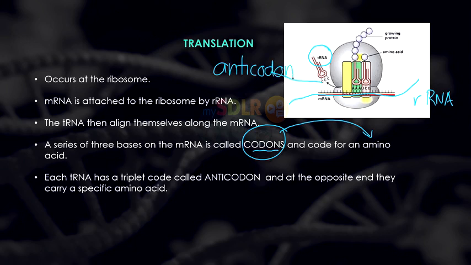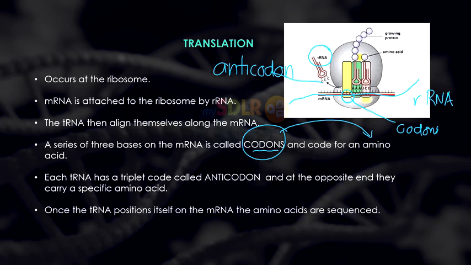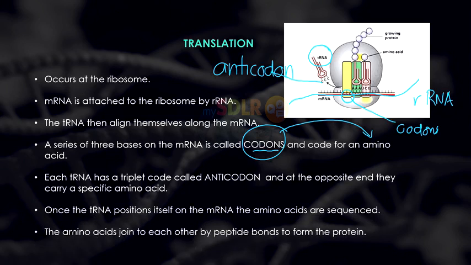So, on the messenger RNA, you have codons, and on the transfer RNAs, you have anticodons. Once the transfer RNA positions itself on the messenger RNA, the amino acids are then sequenced. The amino acids then join to each other by peptide bonds to form your protein.